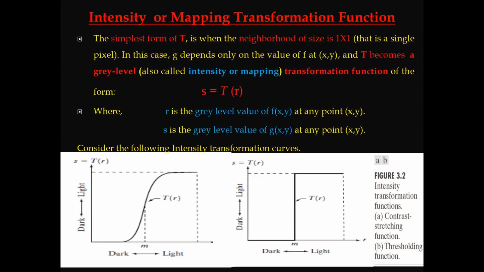In the contrast stretching function, the transformation curve moves from dark to light, with some values in between. But in the thresholding function, only two levels are there, dark and light, that is dark and bright.